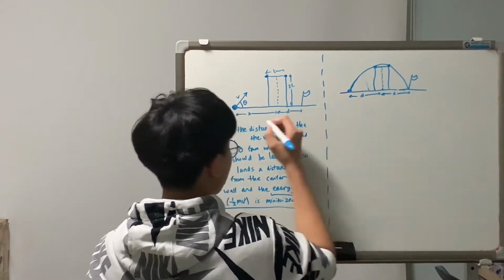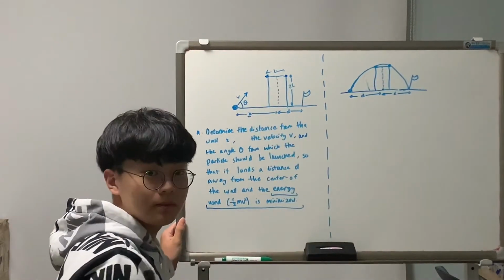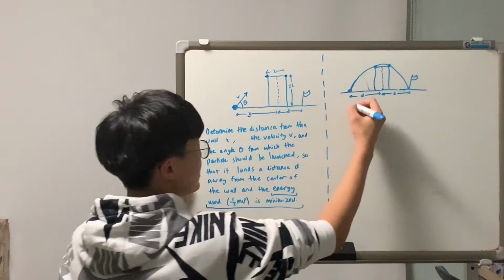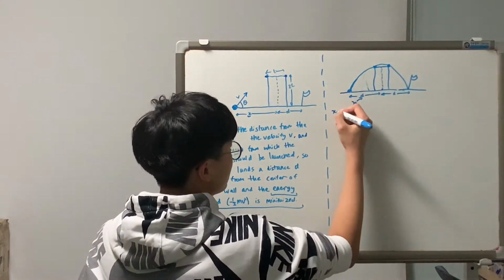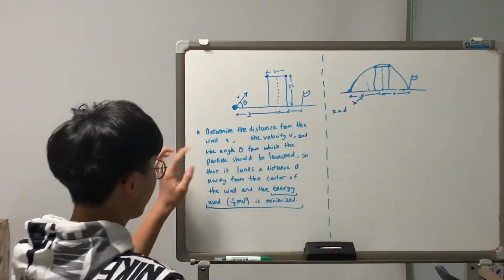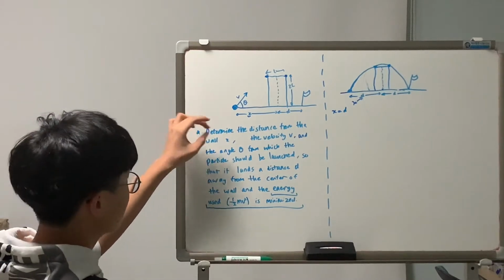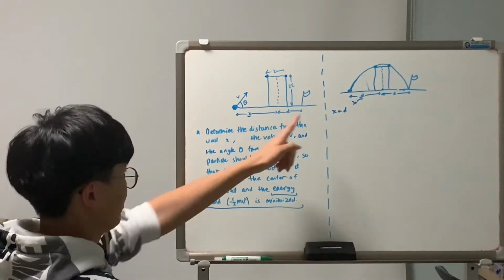And so this, which was originally x, we could say x is equal to d. So we did the first part: we determined the distance from the wall, x, and it is given by d.